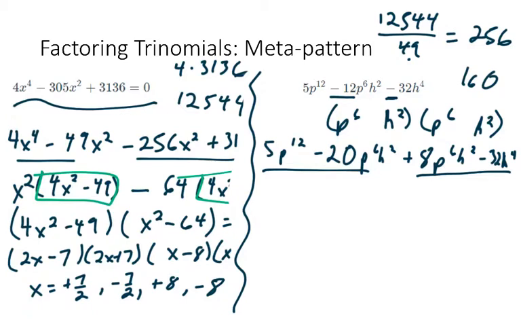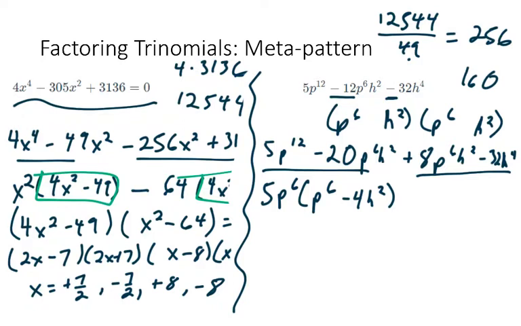So I've got a 5p that's common. Notice this is pretty similar to the greatest common factor stuff. I'll have a p to the 6 left over, just like I knew I would from up here. And then this would be a minus 4. All that's left over is an h squared. Hey, that's what I thought that would be.